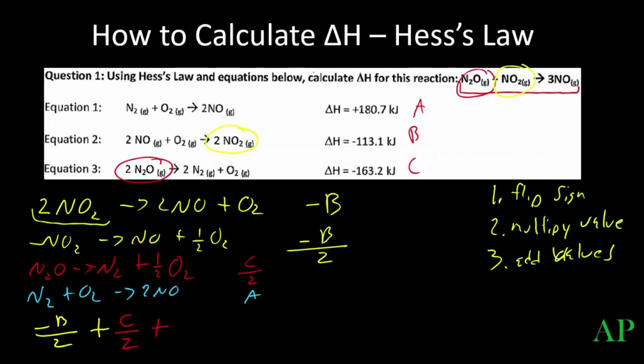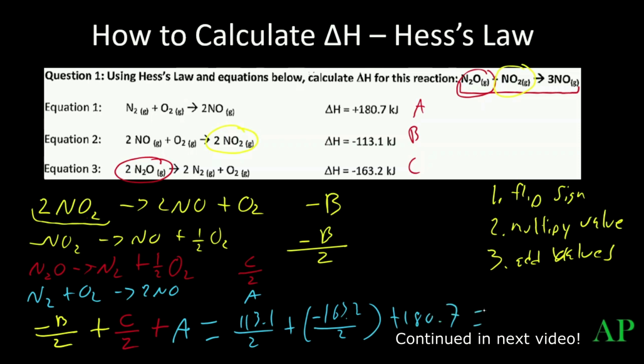And then we're going to add to that A. If you sum all these values, you get negative B over 2, so 113.1 divided by 2, plus C over 2, C is the negative value, that negative sign has to stay there, 163.2 divided by 2, plus A, which is a positive value, 180.7. When you add this up, you get approximately negative 155 kilojoules per mole. And this would be the change in enthalpy of the entire reaction.